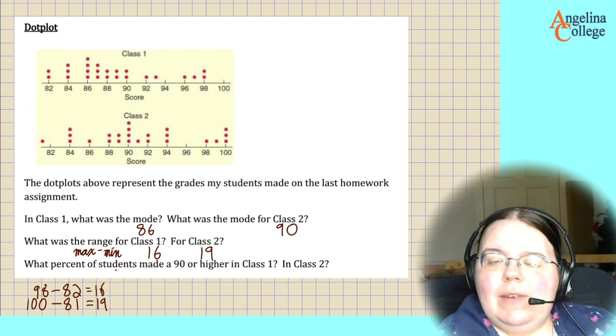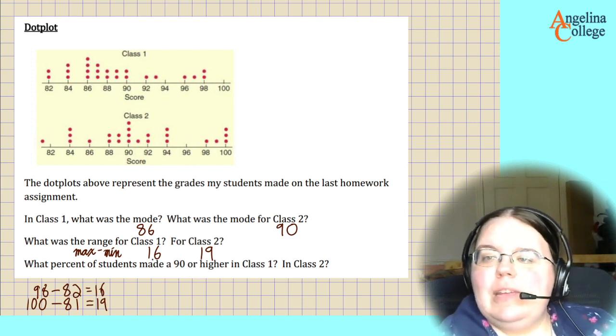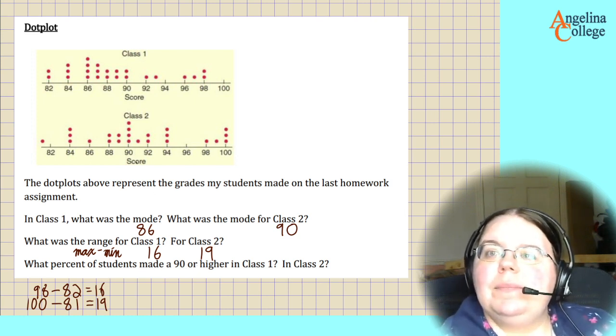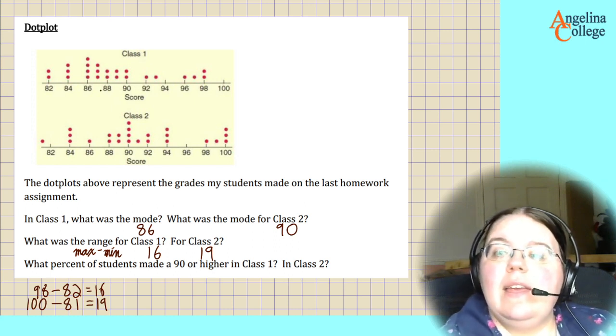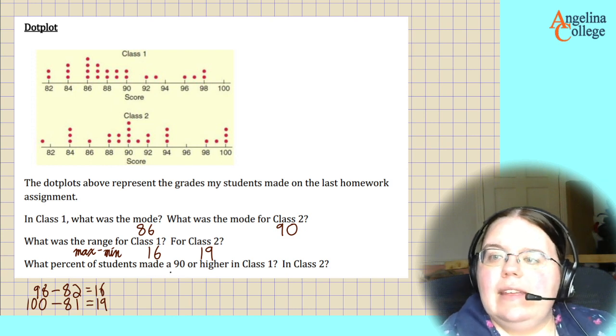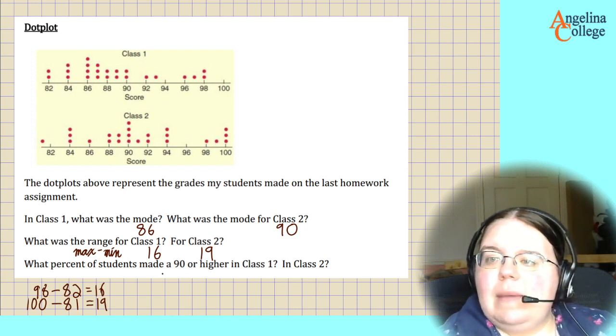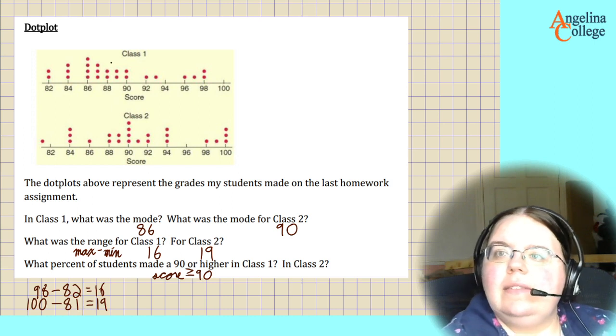Well, when we say getting an A, we usually mean made a 90 or higher. So we'll be looking at the scores that are at least 90. This is including 90. So when we say made a 90 or higher, this will be score is higher or equal to 90.